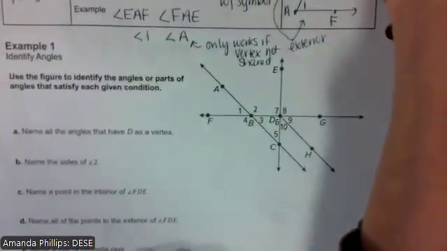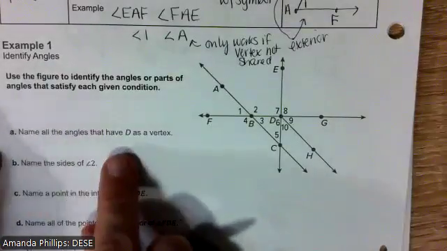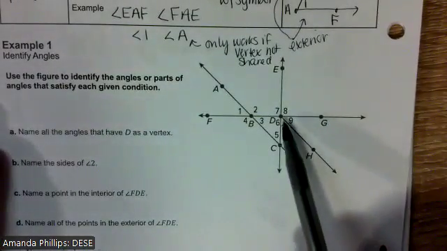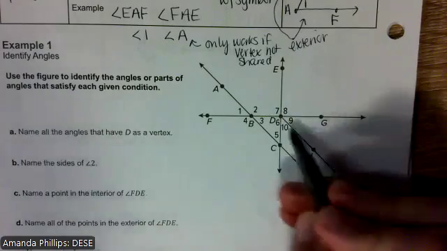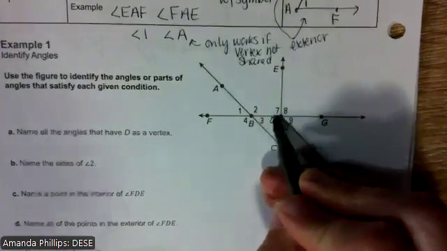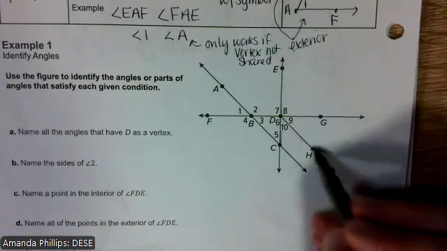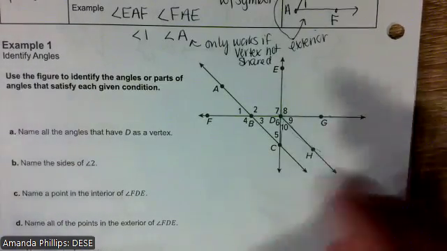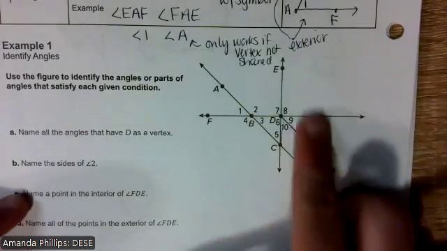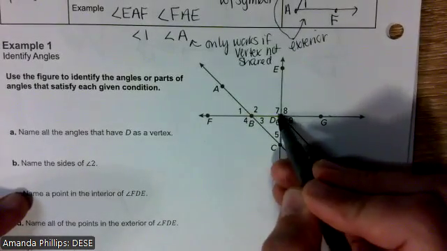See what I mean? There's lots of things going on. It says name all the angles that have D as a vertex. So if we look like this, or like this, or like this, or here we have this. There are a lot of them. So I'm going to start with the obvious ones and use the numbers.